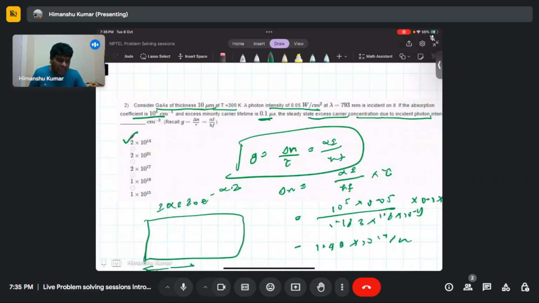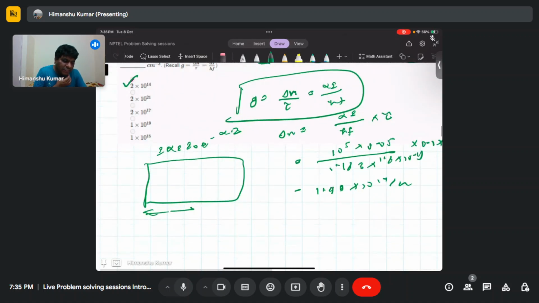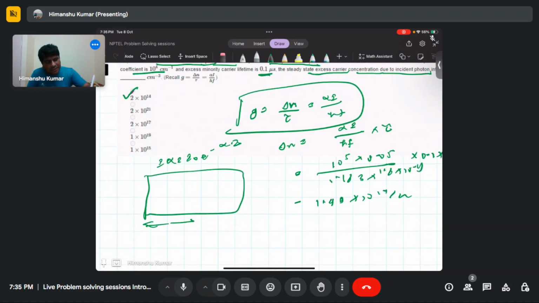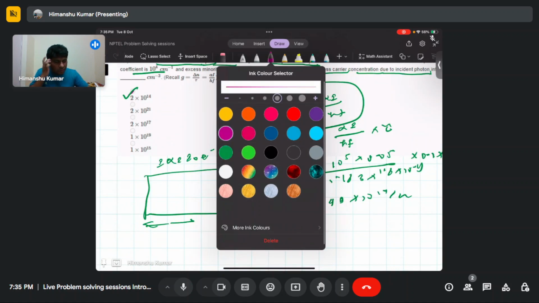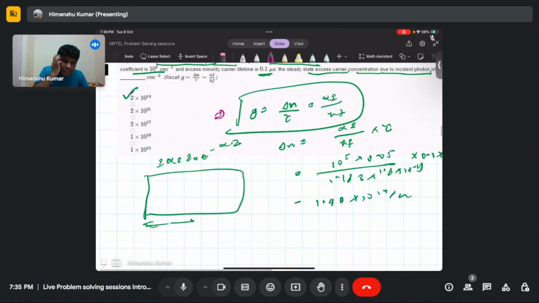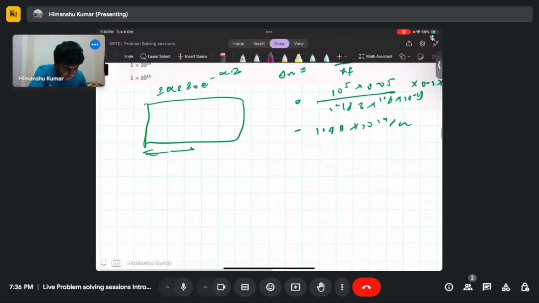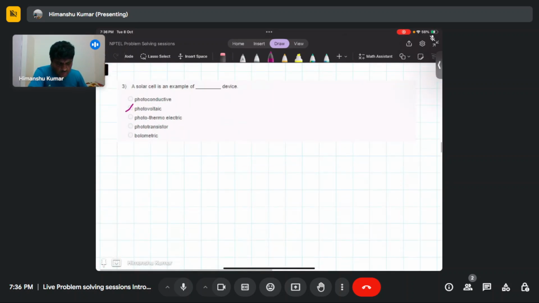From that you can calculate how many carriers are generated just by multiplying with the lifetime, and that gives you this equation. So the direct formula comes from integrating the absorption characteristics within the semiconductor. That was this question. Let's move to the next problem.